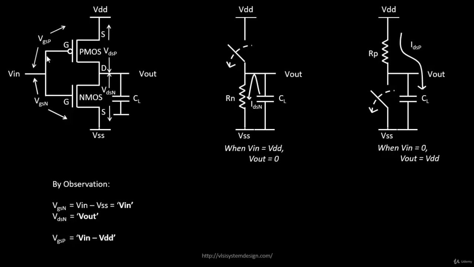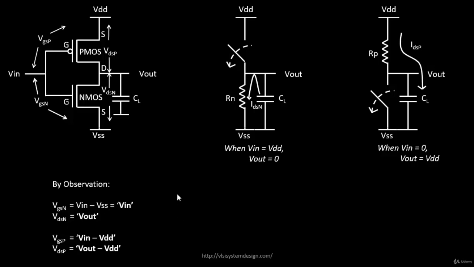In this case, it is a bit difficult because while you change your input voltage, you have to constantly keep subtracting VDD from it to identify whether the gate to source voltage is negative, and it should be less than the threshold voltage of PMOS for your PMOS to turn on. Things become a bit tricky over here, so we need to be extra careful. VGS is not just V in over here, it's V in minus VDD. So that's what VGSP we have.